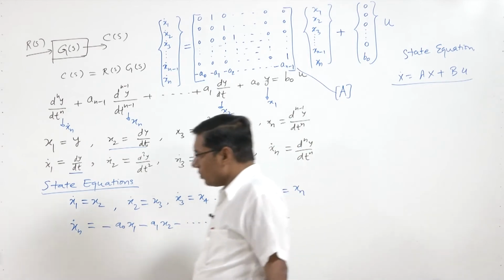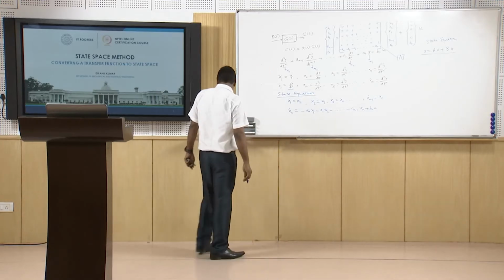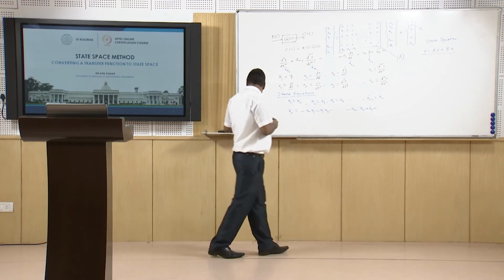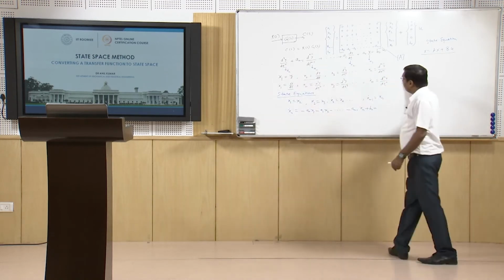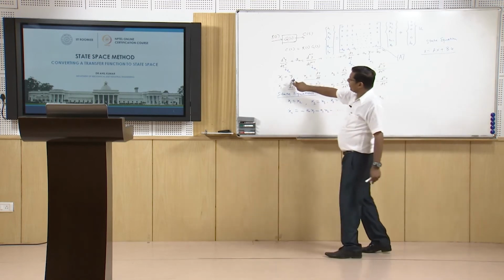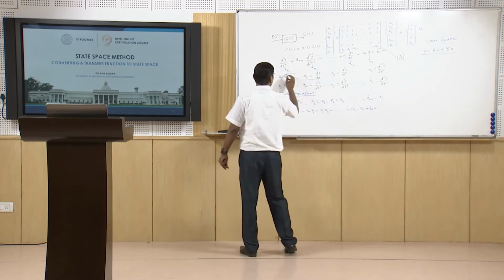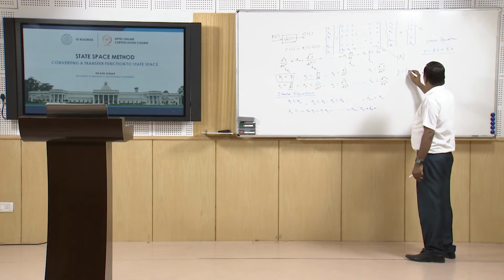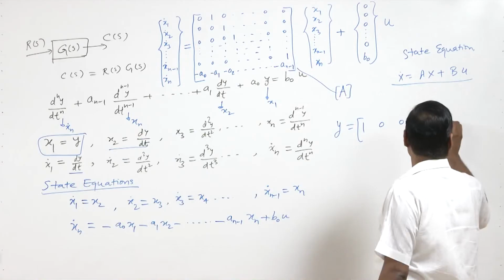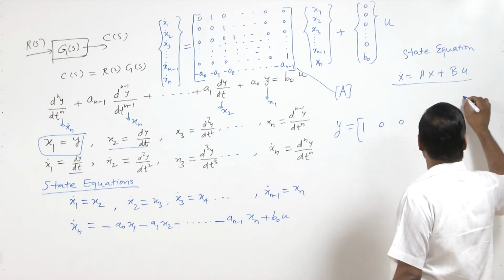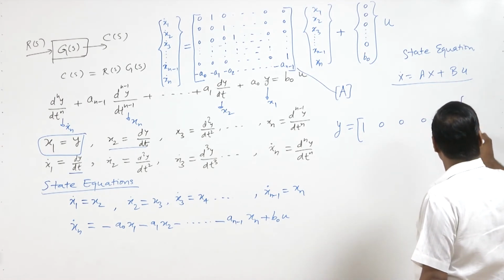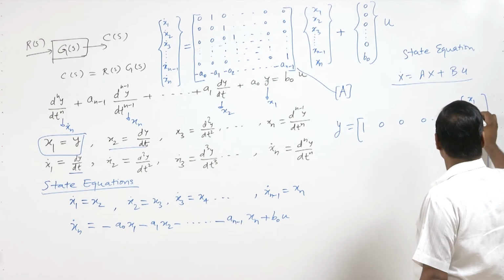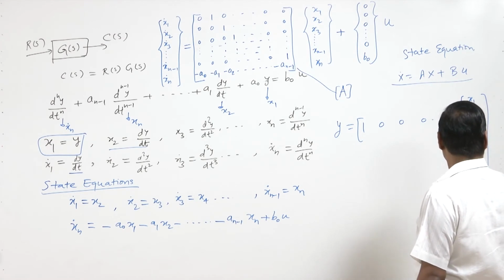Now the output equation. If we want the output, because output is y, this is the only output equation, and we represent it as y equal to 1, 0, 0, 0 times x1, x2, x3, xn.